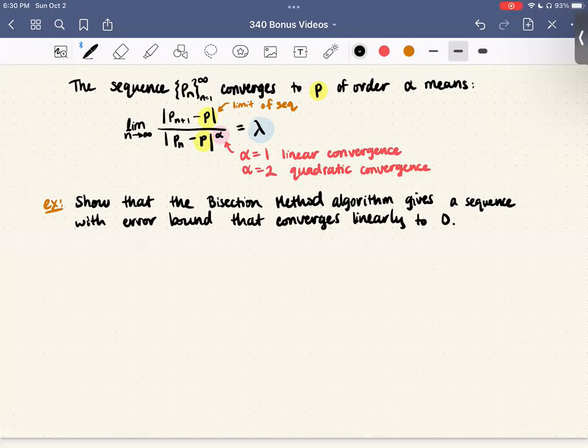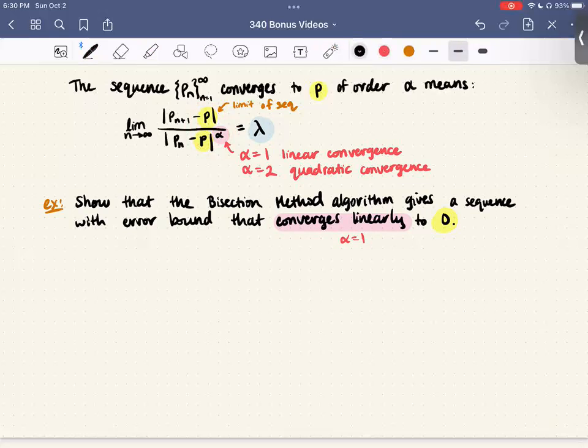Okay, so we're really thinking about the error bound for the bisection method, and we want to see how quickly this error converges to 0. And we're already told that this converges linearly, which means we're going to use this definition with alpha equals 1. And our limit is 0, so that's this p term that we're going to have in our computation.